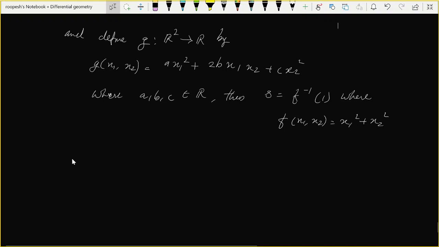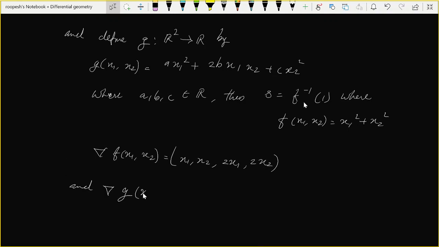Now we can find del f of x1, x2. It should be 2x1 comma 2x2, right? And what is del g of x1, x2?